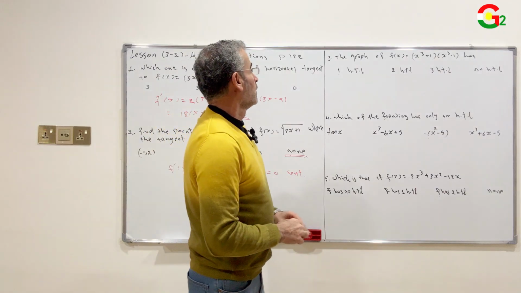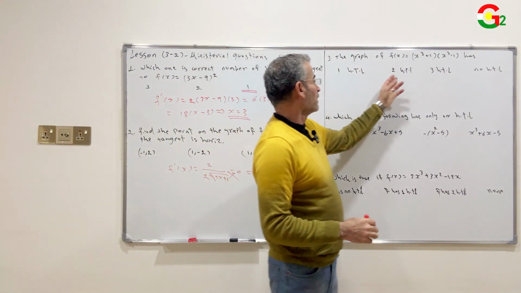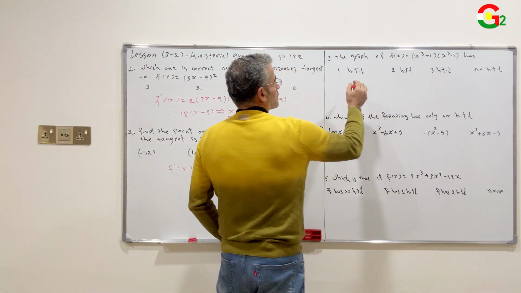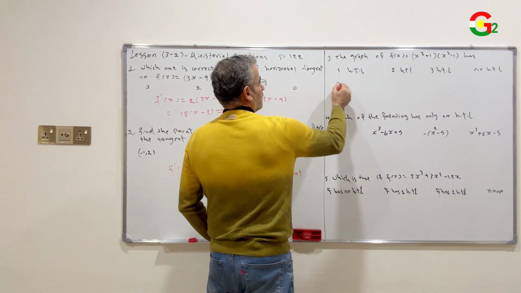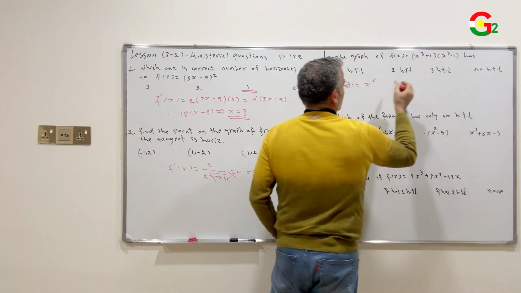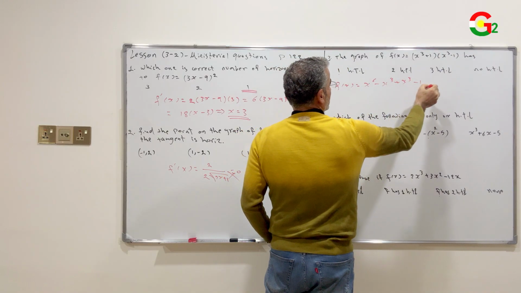Question number 3. The graph of f of x has 1 horizontal tangent line, 2, 3, or no? To solve this, we find the derivative of this function. First, rewrite f of x equals x power 3 times (x power 3 minus 1) plus x power 3 minus 1. Expanding, x power 6 minus x power 3 plus x power 3 minus 1.